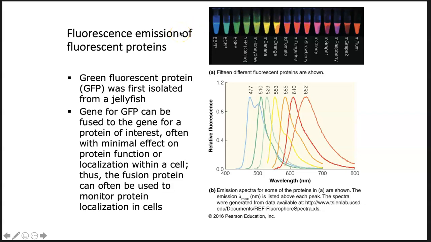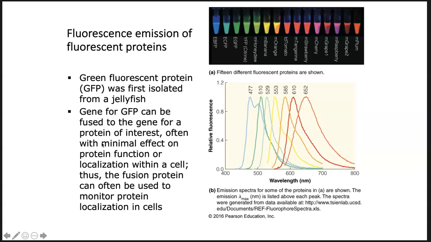However, there are a number of different fluorescent proteins that have either been identified from other species of jellyfish or sea life that fluoresce at different wavelengths and have different colors, or have been modified. The chromophore has been modified to make it fluorescent at a different wavelength. So you can see that now we have a wide range of different colored fluorescent markers, ranging from blue all the way through most of the colors in the spectra.